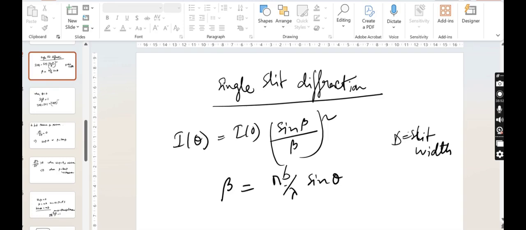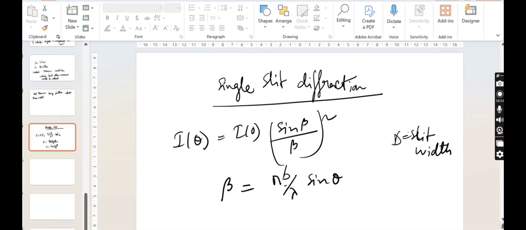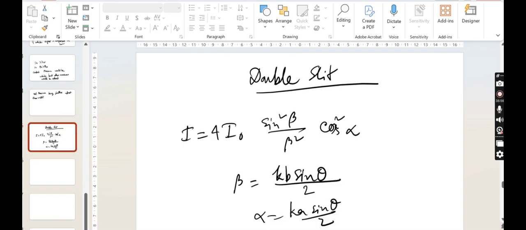So here it matches, but in the class slide it was written d. So this is the I.